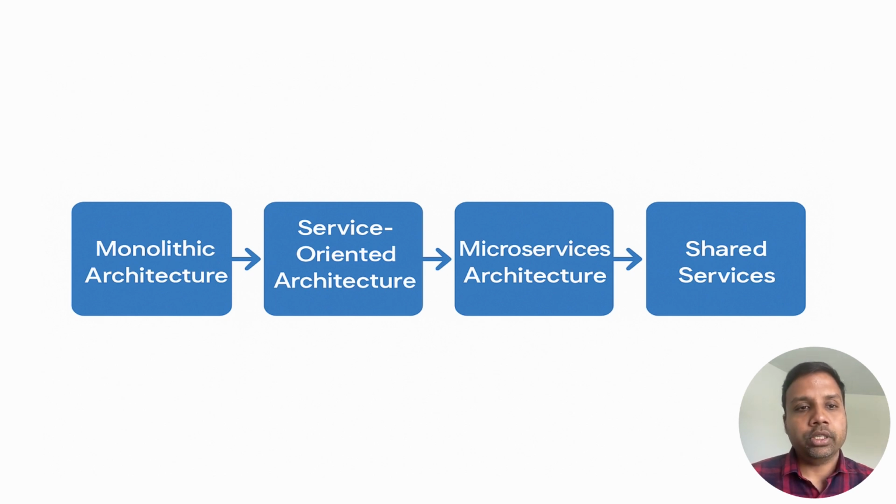Then we moved towards service-oriented architecture, where some parts of the APIs are split, which are much more universal for that specific company, and then something specific to the business logic of that specific product is made a separate service. And then we moved towards microservices, where that specific service is again split into further smaller services.